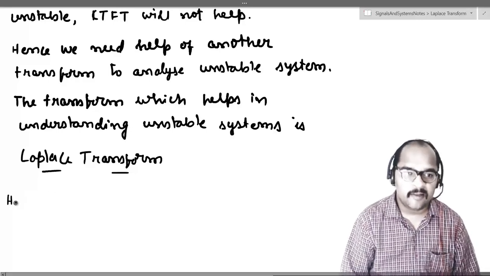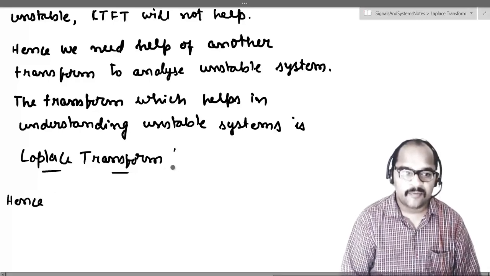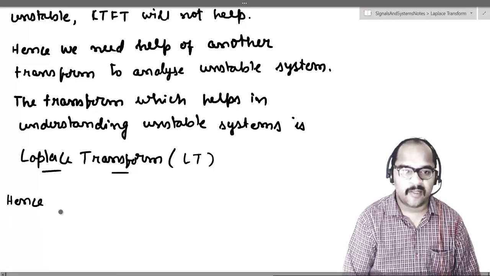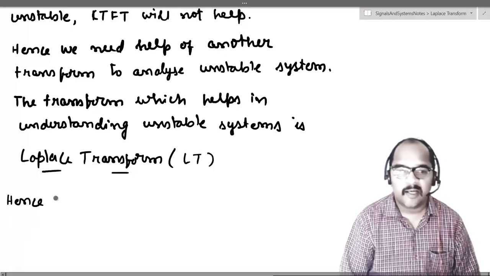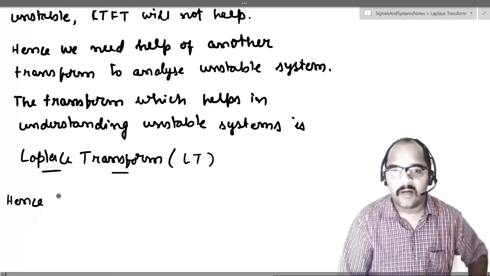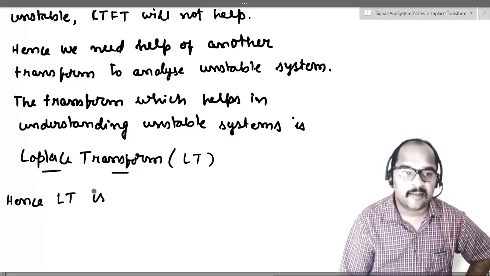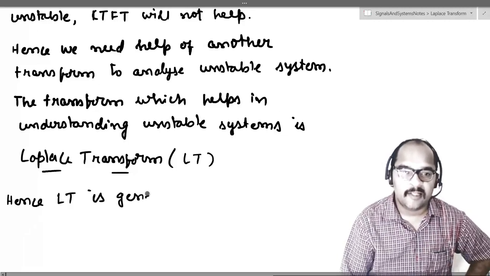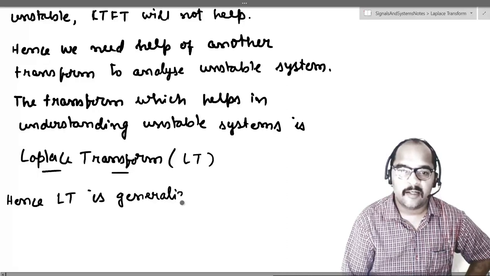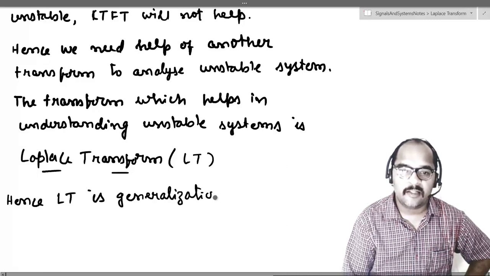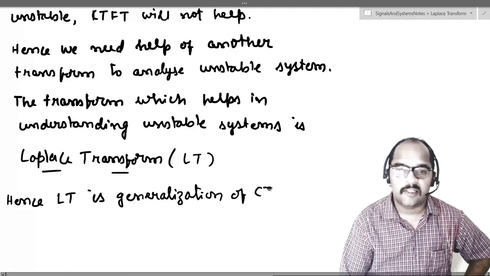Let us call this acronym LT in this chapter. Hence, Laplace transform is a generalization of CTFT.